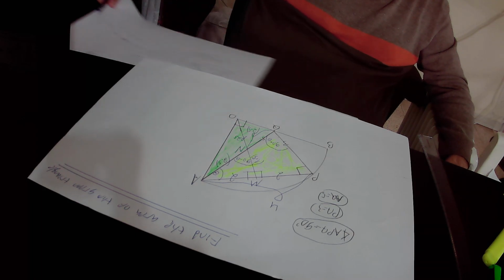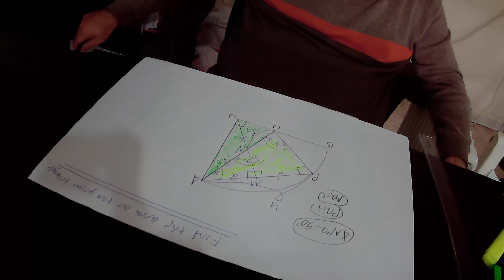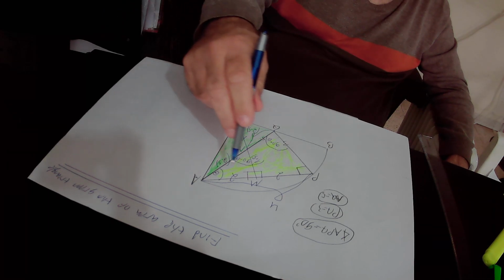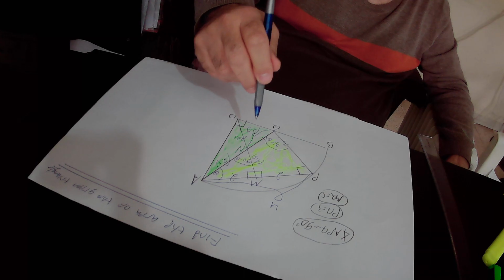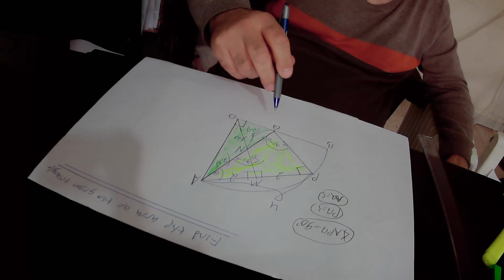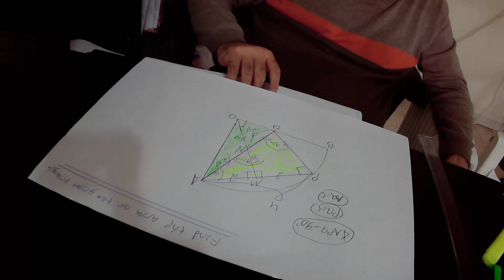In the next step, I will copy the right triangle AMO in a new page, and we will implement on this right triangle AMO the Pythagoras theorem.